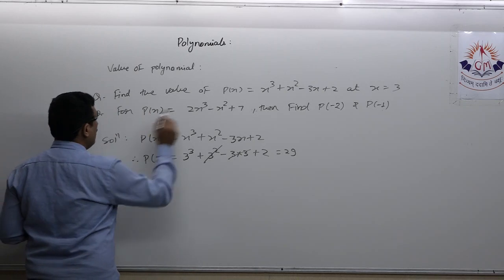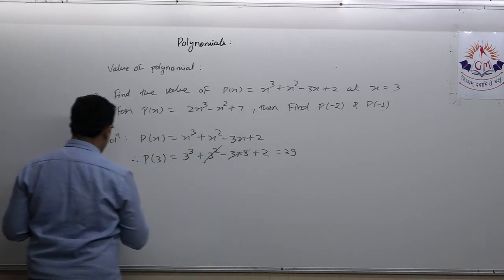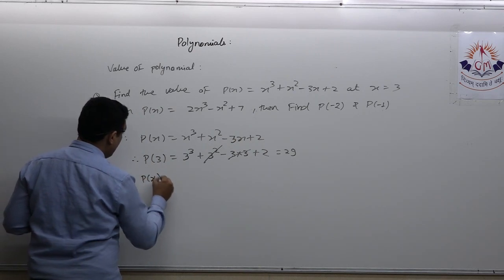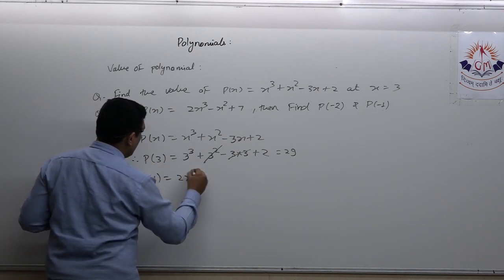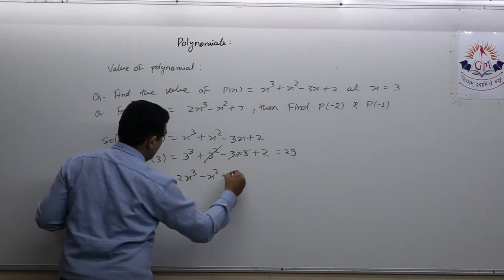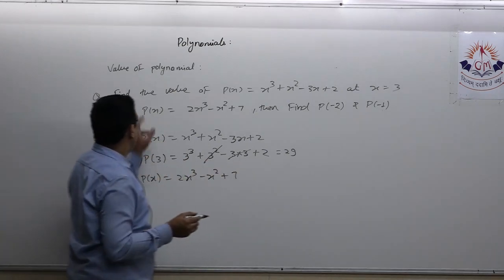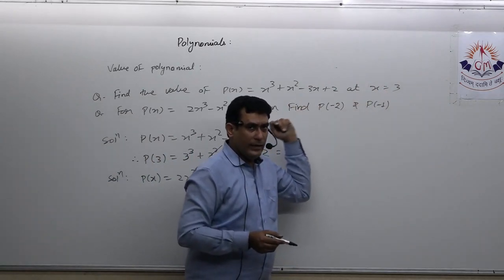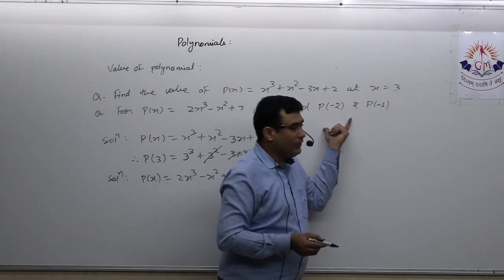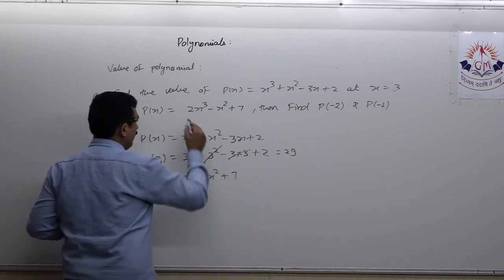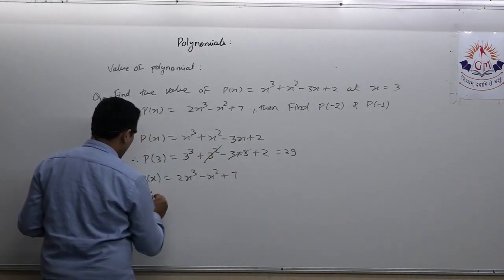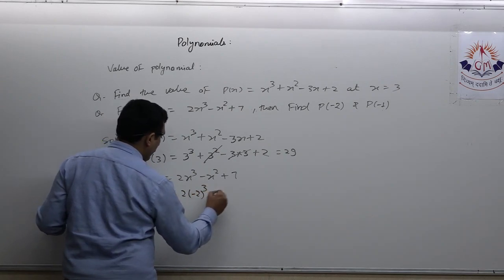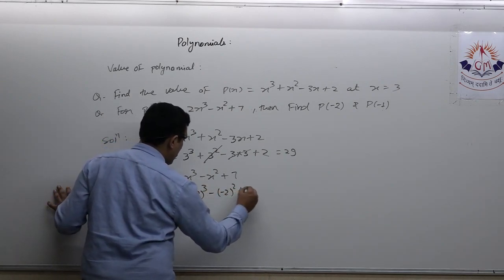Now second, we have to find P of minus 2. For the second we have P(x) is equal to the same thing. The only thing that is different is the framing of the question. Here they are saying find the value of the polynomial at x equal to 3. Here they are simply saying find P of minus 2 for the given polynomial. So P of minus 2 is equal to 2 into minus 2 cube minus minus 2 square plus 7.